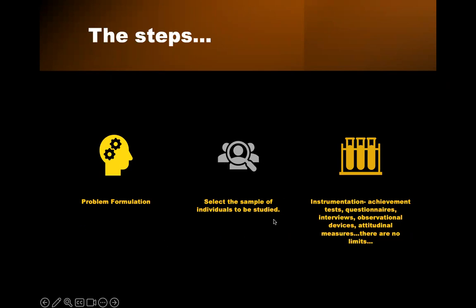But also we need to select the samples of individuals to be studied depending on the demographic variables or moderating or intervening variables that will be considered. These variables need to be taken into consideration in a stratified manner of sampling. And therefore, we cannot simply randomly assign people to groups to be comparable.